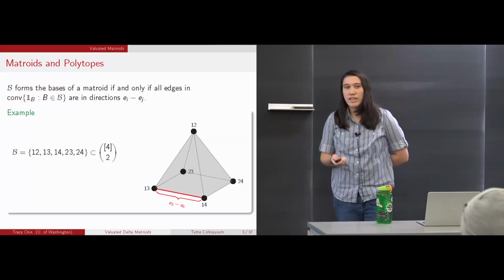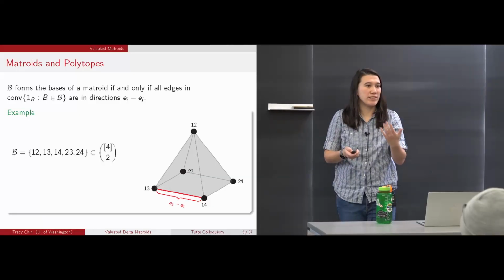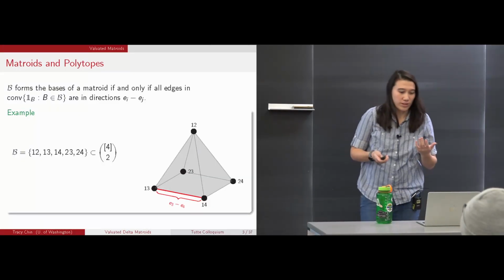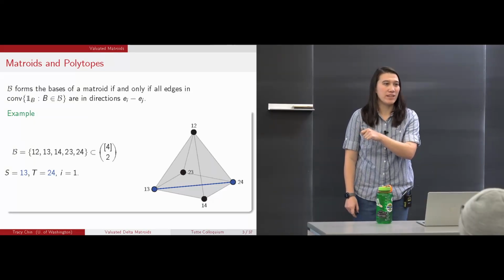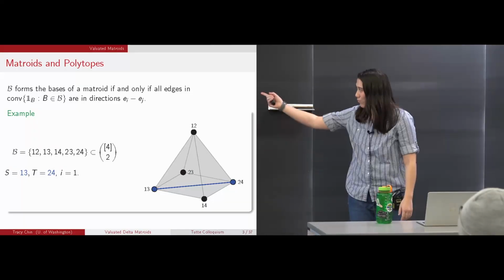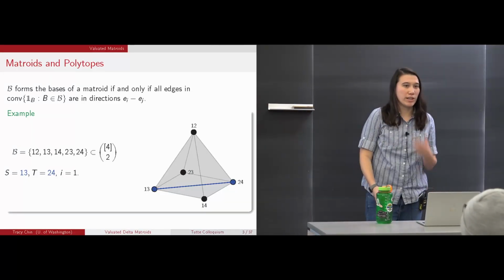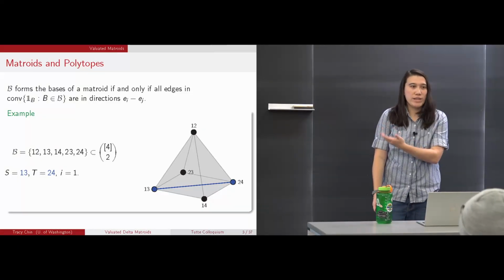I think it's worth taking a moment to think about why this comes from the basis exchange axiom. If, for example, we have {1,3} and {2,4}, why can't this be an edge of our polytope? We know that it won't be because this is a matroid, and so we don't get any edges in whatever direction that is. But why does that happen? The answer is because of basis exchange, right?